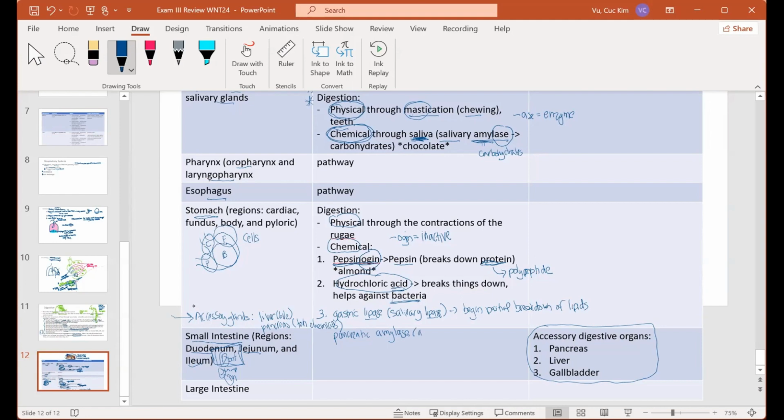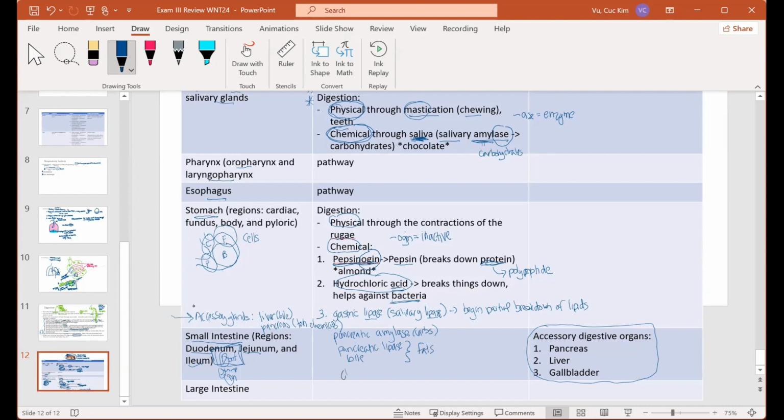Yep. You've got pancreatic lipase, as well as the bile. Both of these target what? Fats. Perfect.